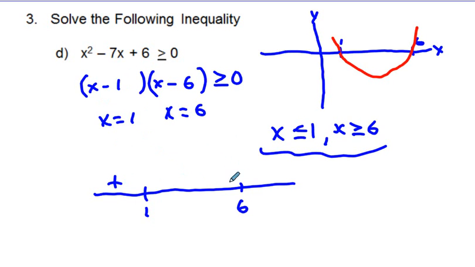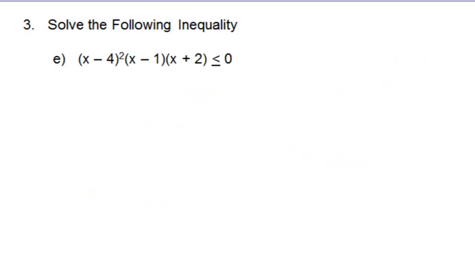And then between 1 and 6, if we took 2 for instance, we'd have a positive times a negative, and then to the right of 6 we would have a positive times a positive. So in this instance we would find the same conclusion. Okay, next.